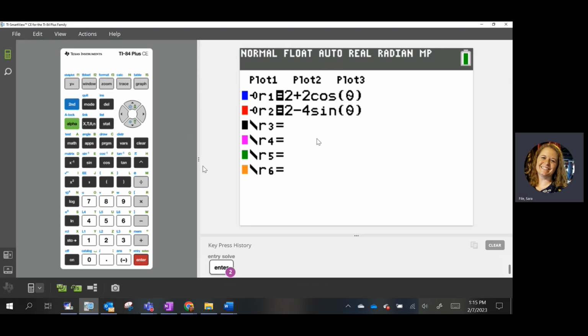So far, so good? Now we've got our modes correct, our windows set up correct, and our equations entered. We're ready to graph it. So you can watch, I'm going to hit graph, and pretend that the tips of these that are graphing are a plane flying, and it's leaving a jet stream in its wake.